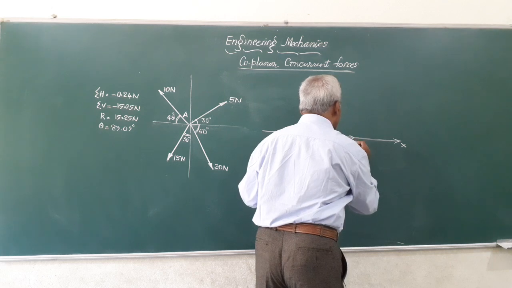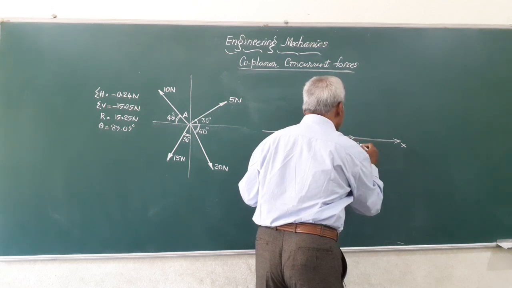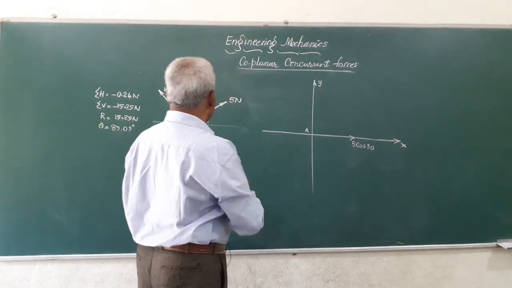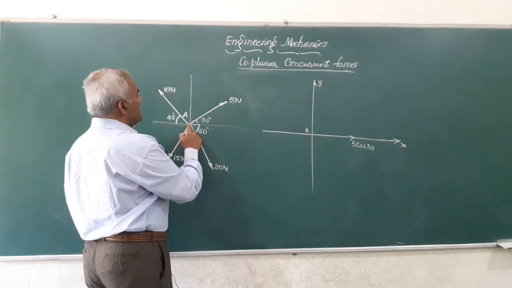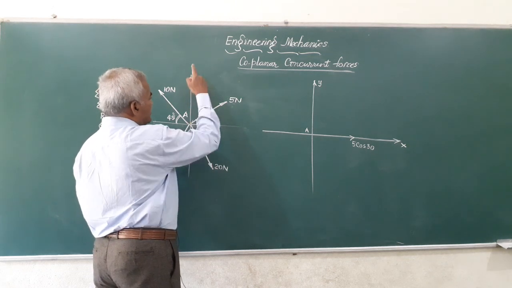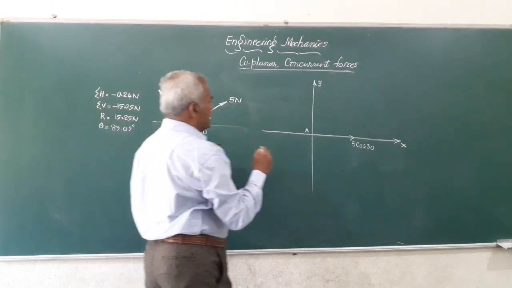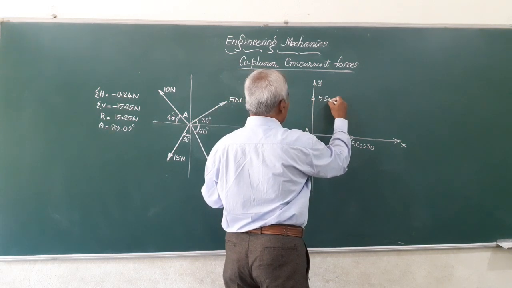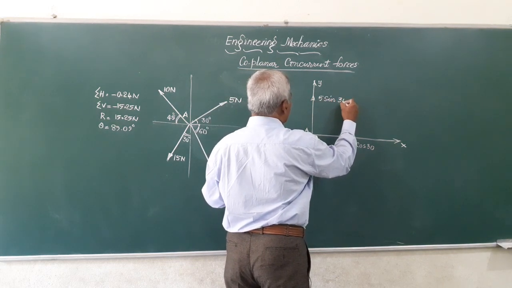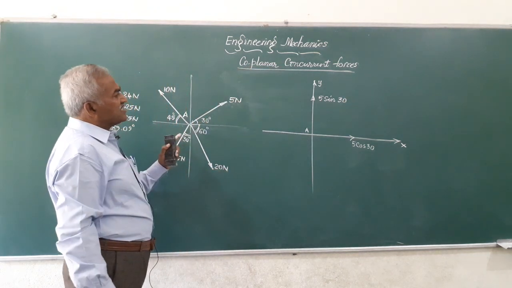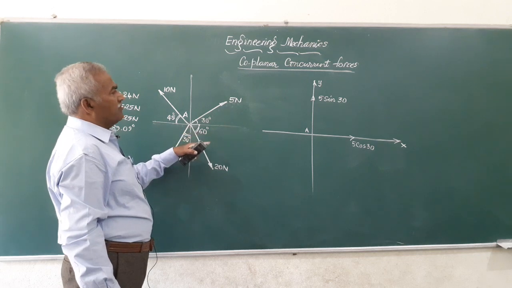So, I will write down here, that is 5 cos 30 is acting in the horizontal direction to the right. Similarly, in the y direction upward, it will have 5 sin 30. So, the force of 5 Newton magnitude is resolved into its two components.